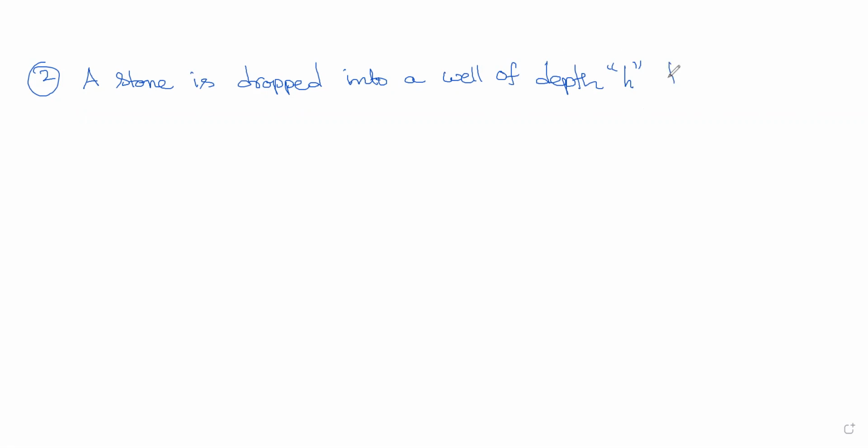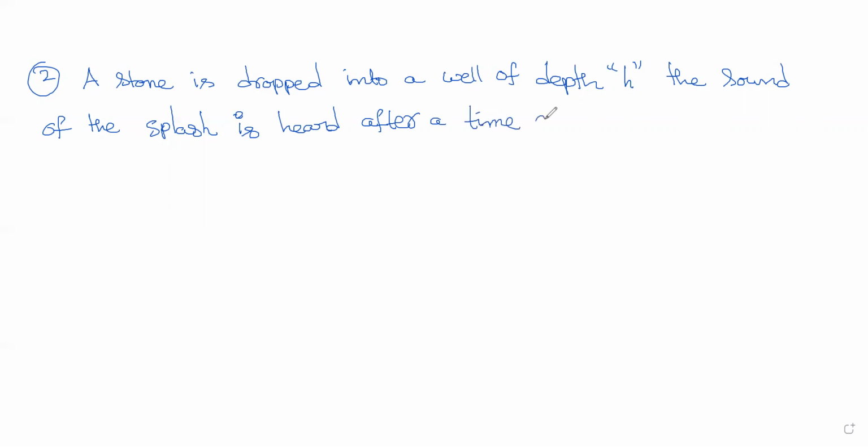The sound of the splash is heard after a time of t is equal to square root of 2h by g plus h by v sound. So this is very easy.